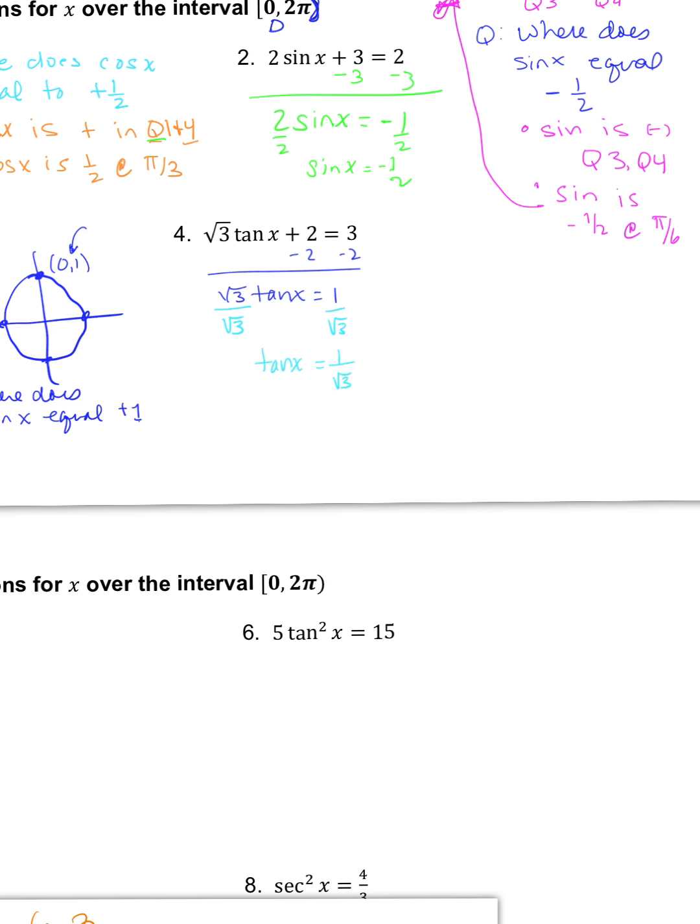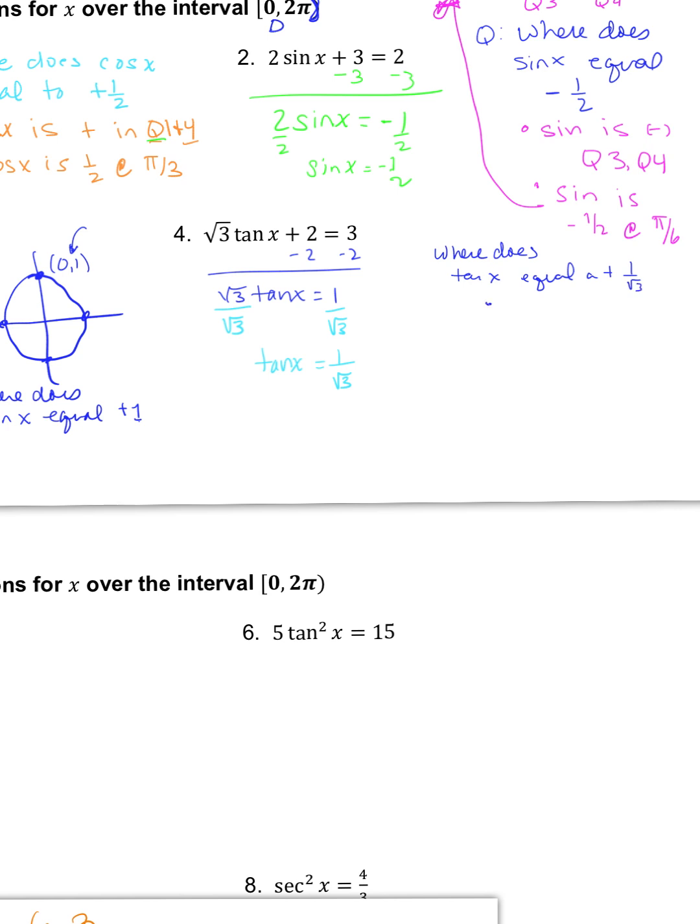Since we're dealing with tangent, I still want to ask the questions that we did before. So where does tangent x equal a positive 1 over the square root of 3?